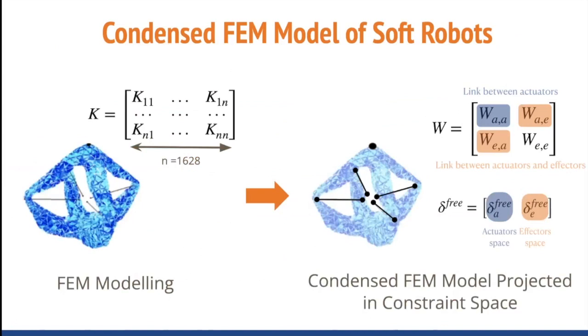We built our condensed model upon this FEM modeling by considering the covariance and free displacement matrices projected in the constraint space. Both these matrices only depend on the number of actuators and effectors, resulting in a space of small dimension. They capture the mechanical behavior of the robot in the input and output space, even the non-linearities. In the example of the diamond robot, the constraint corresponds to 4 actuators and 1 3D effector.